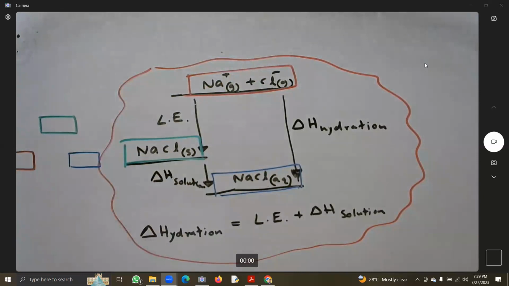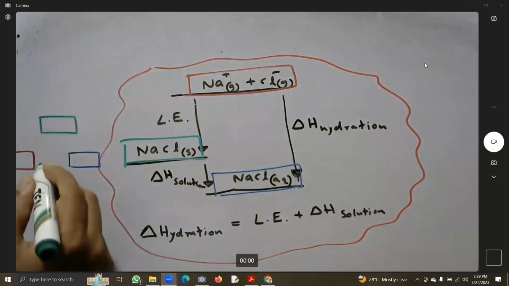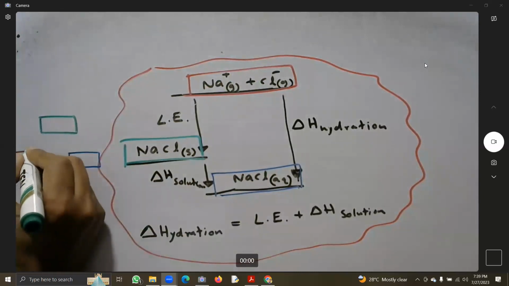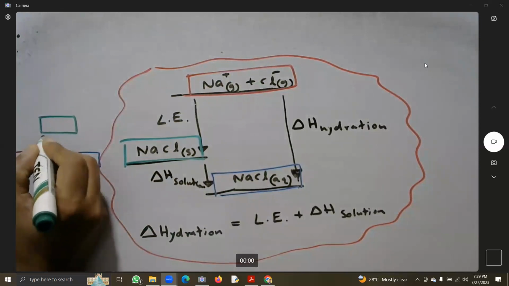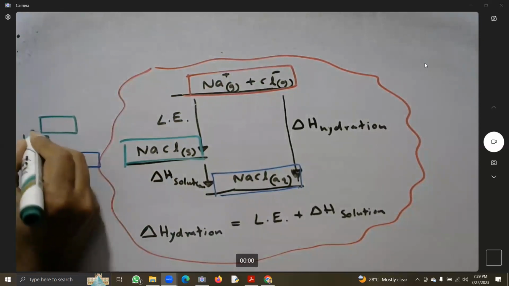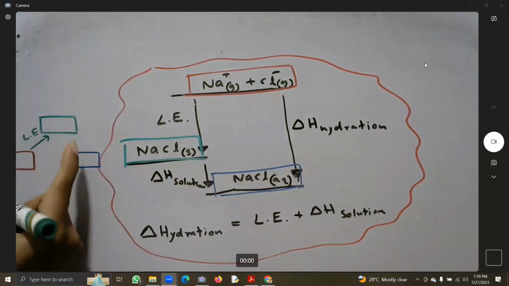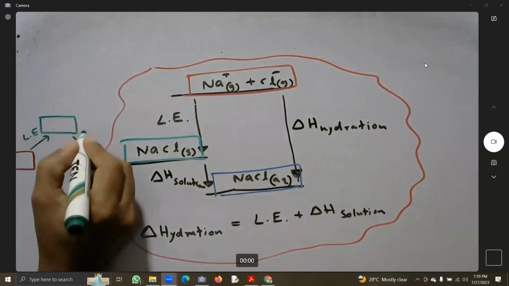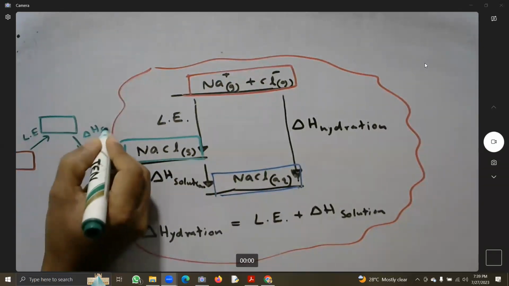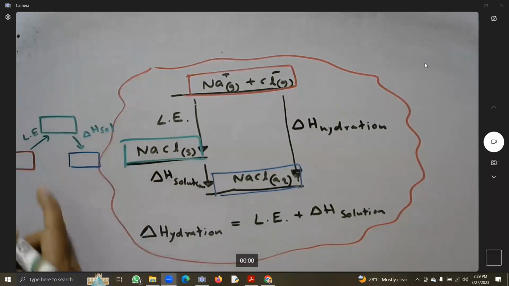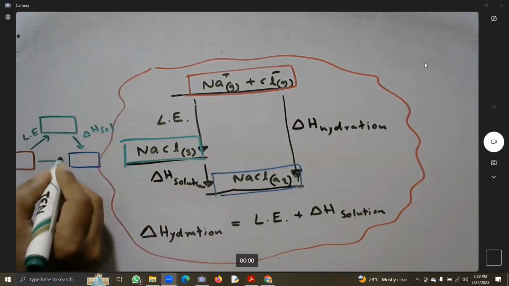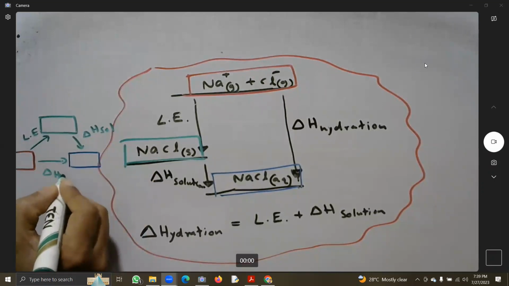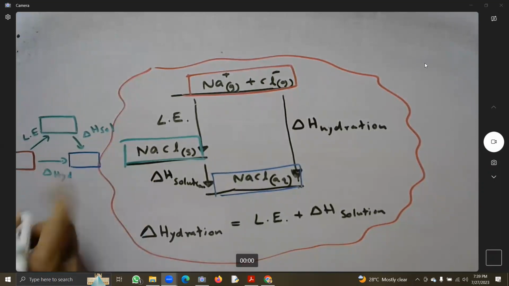If I go from red to green, I know it's lattice. Green to blue, it will be the enthalpy of solution. If I'm going red to blue, it will be the enthalpy of hydration.